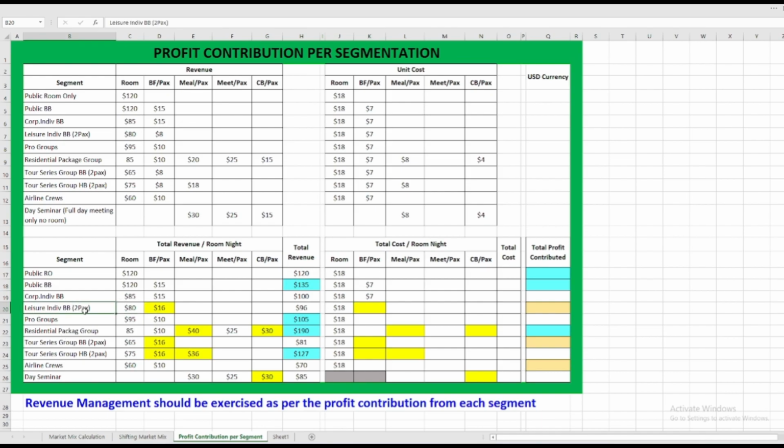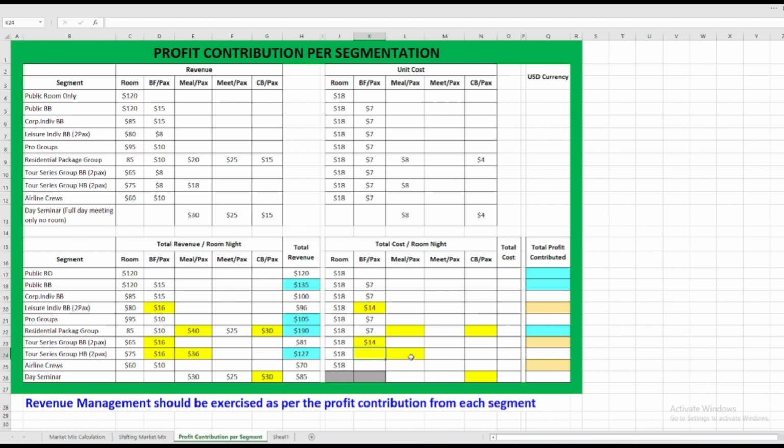Leisure individual 2 persons, so $7 times 2 is 14. Professional group cost per person $7. For residential single occupancy, cost is $7. For tour series group bed and breakfast for 2 persons, $7 times 2 is 14.